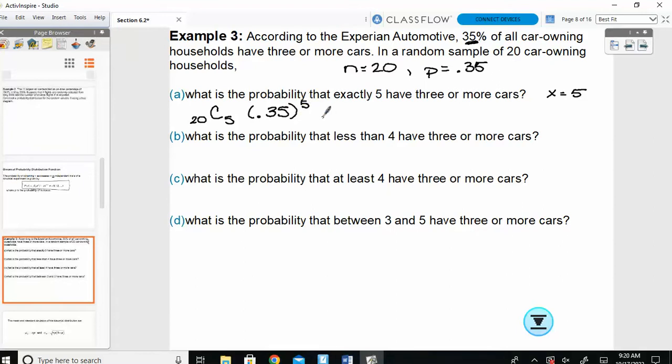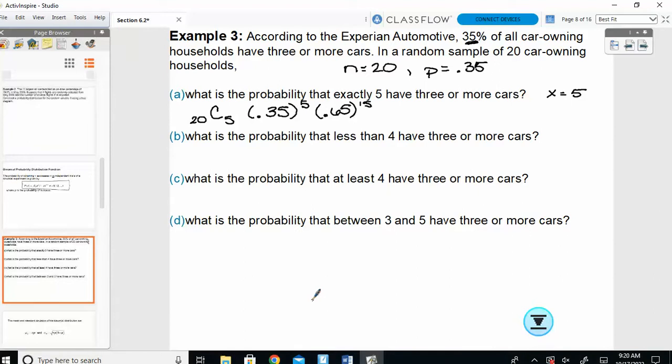So that's 5. 1 minus P, so 1 minus 0.35, 0.65, to the N minus X power, so 20 minus 5 is 15. Basically, if we have 20 trials, 5 of them have it, 15 don't.